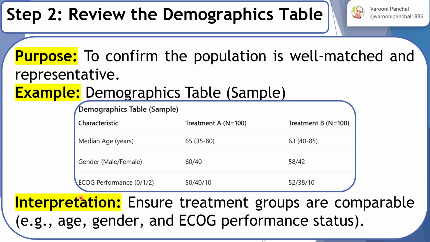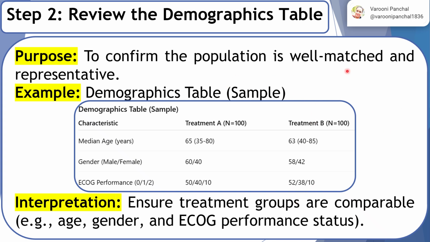Then ECOG performance, that is 0, 1, 2. These are the values given to the status of that ECOG performance. Say 0 in treatment A is 50, 1 is 40, and 2 is 10. Same here in treatment B, I have 52, 38, and 10 respectively.